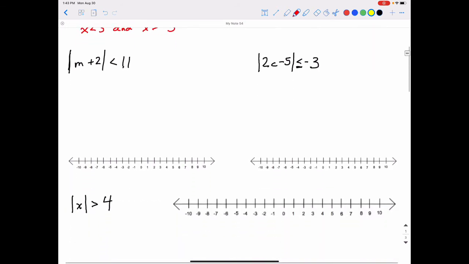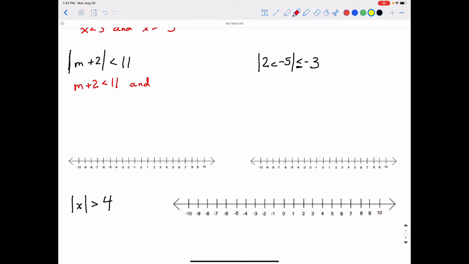So let's say we're going to solve the absolute value of m plus 2 is less than 11. The very first thing I'm going to do is to rewrite this as two separate, simple inequalities. I'm going to rewrite it just like it's written without the absolute value bars. M plus 2 less than 11. Since it's a less than inequality with absolute value, I will use and.